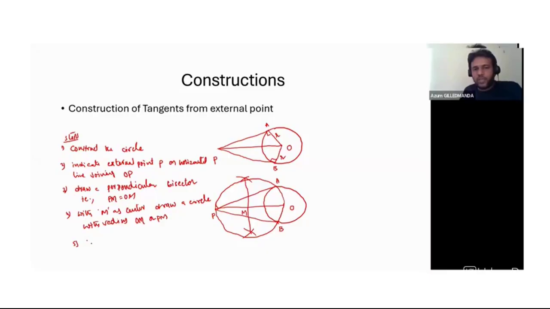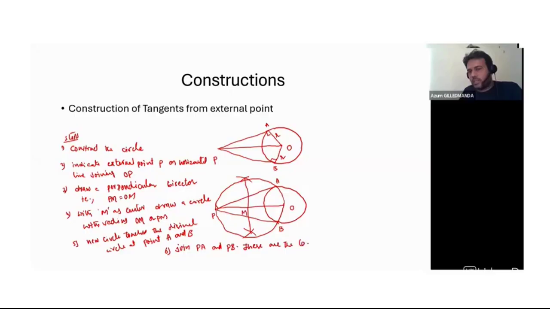Now, the new circle touches the original circle at points A and B. So it touches at two points, A and B. Now, join PA and PB, and we can say these are the tangents.